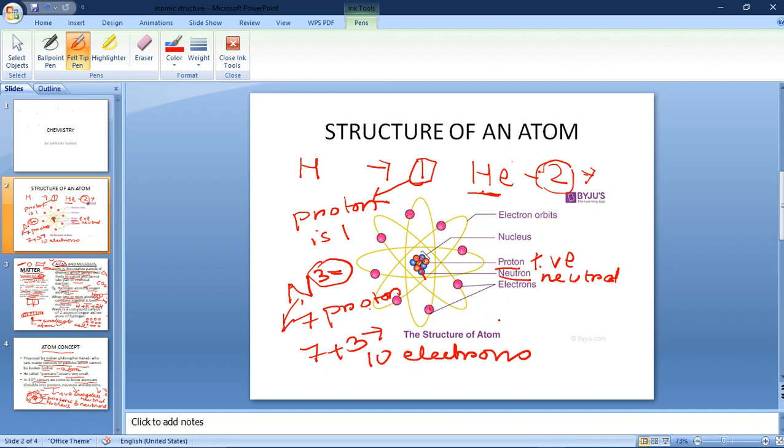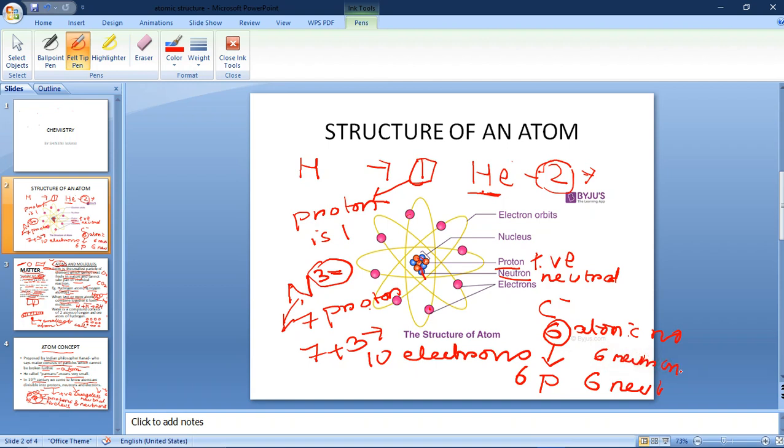Have you understood all of it? Suppose for example, carbon: hydrogen, helium, lithium, beryllium, boron, carbon, so the atomic number is 6. It means there are 6 protons, 6 electrons and 6 neutrons.